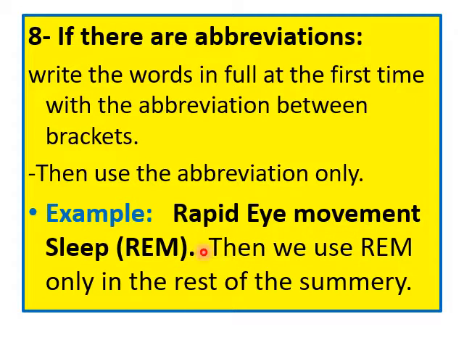I'm going to use this expression many times in my summary, so it's not good to write rapid eye movement sleep each time. And it's not correct to use the abbreviation from the first sentence, because if you write an abbreviation, the reader will ask, what does this abbreviation refer to? So I have to be clear, even in my summary.